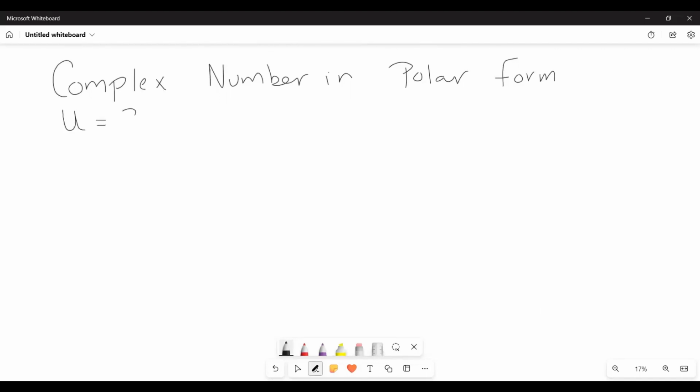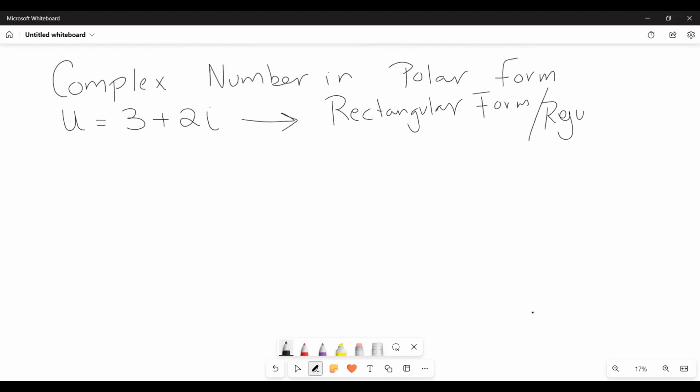U is 3 plus 2 iota. This is called rectangular form of a complex number, और कहीं regular form भी लिखा होता है. So this is a regular form or a rectangular form of a complex number.